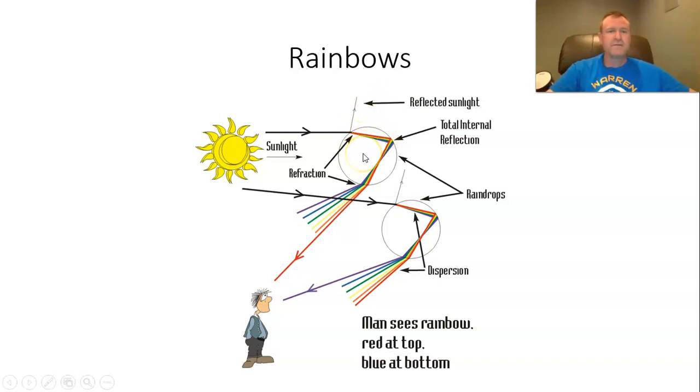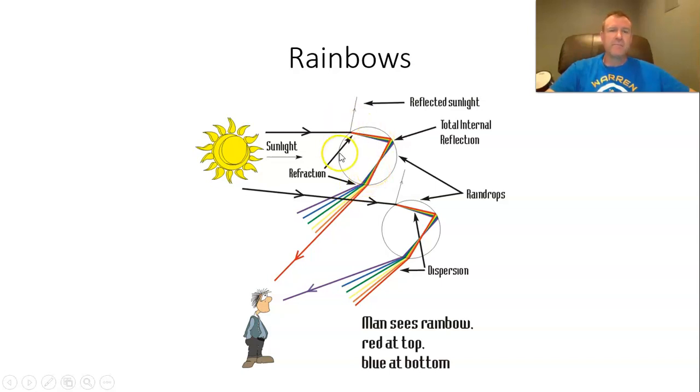Now, if this droplet is in just the right position, when this light hits the back of it, it will exceed the critical angle, and then you get total internal reflection. So all these colors reflect towards the front of the droplet again, where when they leave the droplet, they're going to refract again, and the colors separate even more. So from this droplet, this sad looking guy, I don't know why he's sad, he's looking at a rainbow, he's only going to see red from this droplet.